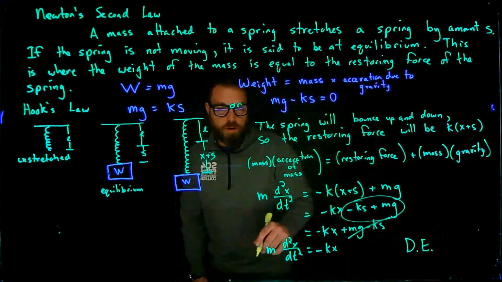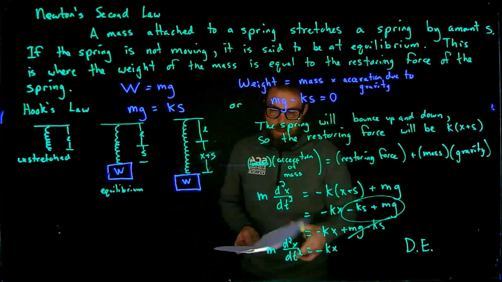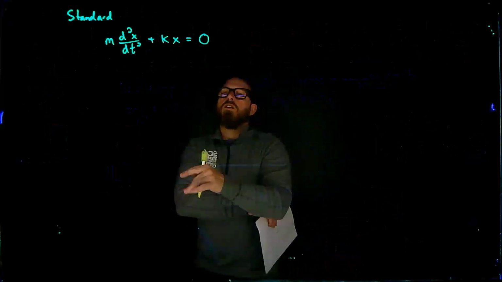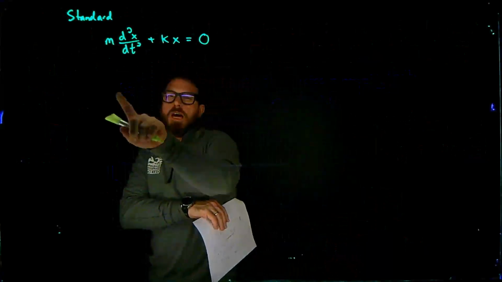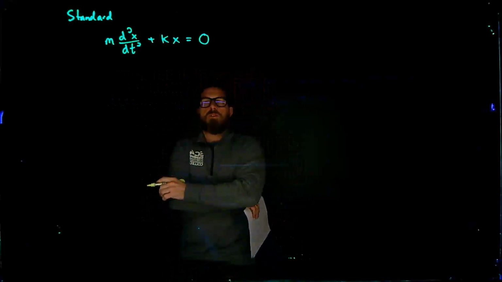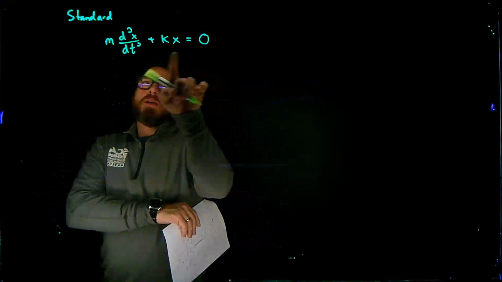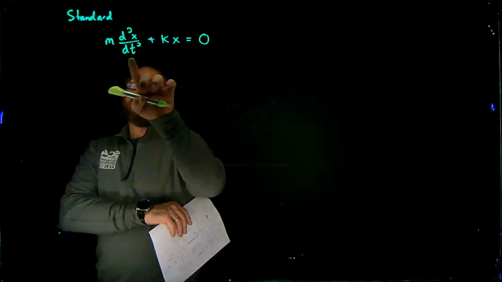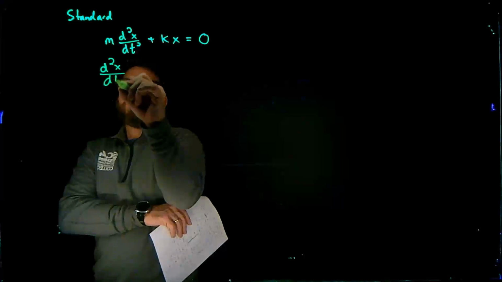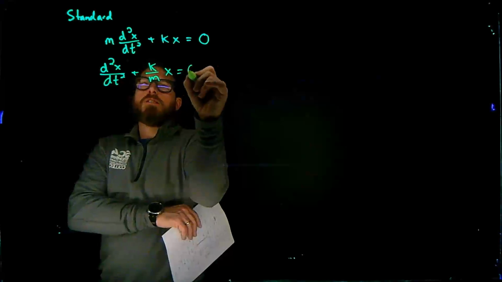So let's identify what this thing is. When I send that kx to the other side, we get a second order linear differential equation, and I can put this in the form that we'd like, which means making the coefficient of the second derivative 1, so then plus k over m times x is equal to 0.